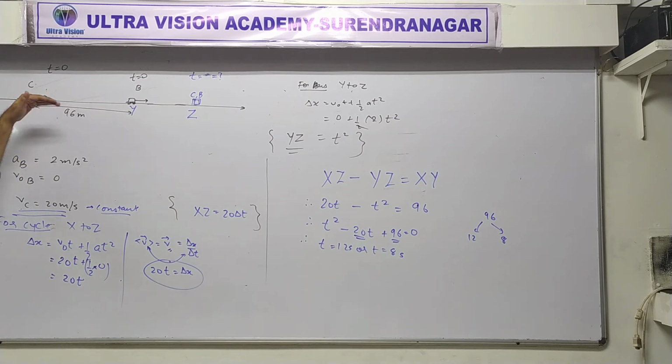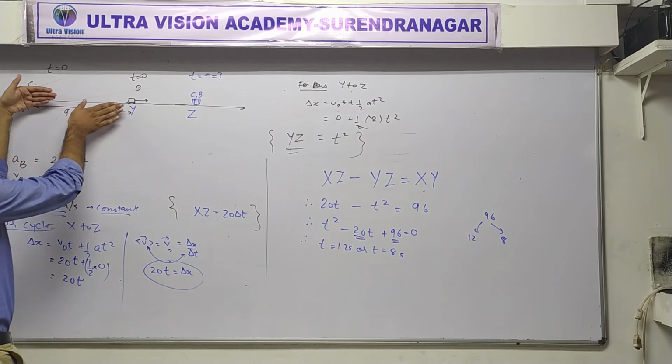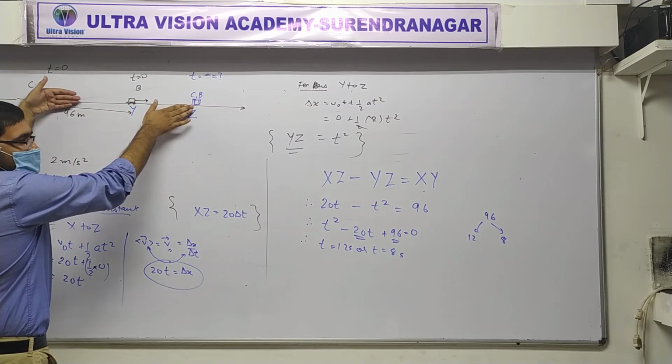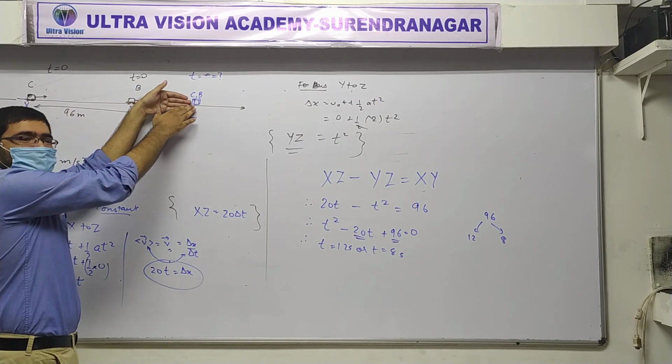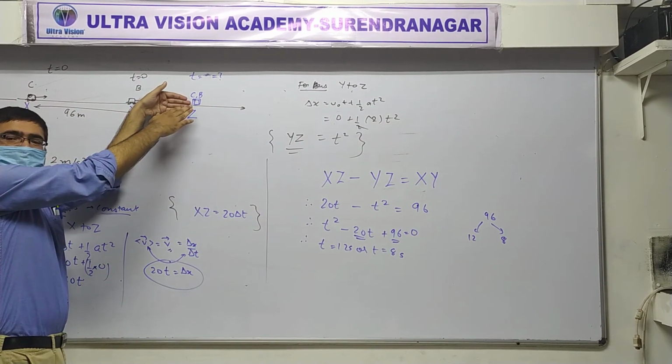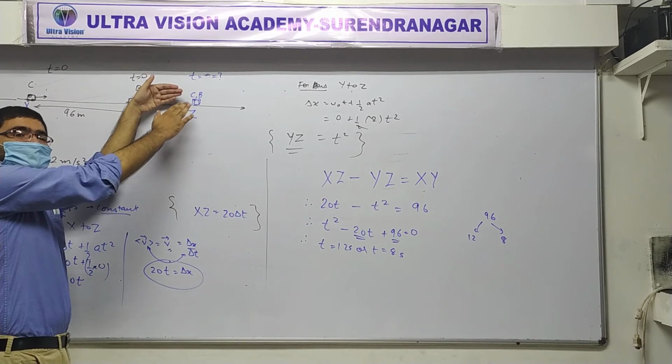So the cyclist is already quite fast, isn't it? 20 meters per second. But the bus has initial velocity? 0. So who is faster at the start? Cycle. Yes, so the cycle starts moving quickly. By the time the bus reaches here, the cyclist has already reached it. Understood? But here the bus will still be slower than the cyclist.